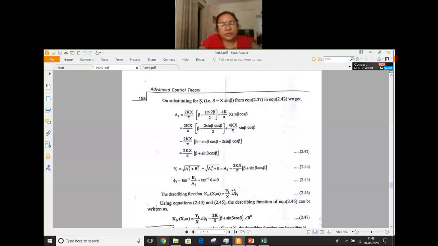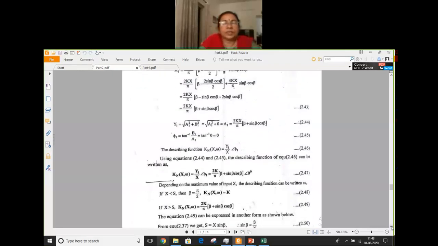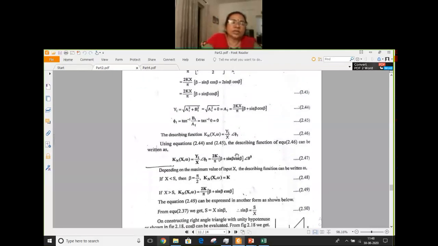Put the values of Y1 and phi 1, and you will get this. This is the describing function of saturation non-linearity, which you have to introduce in the system.